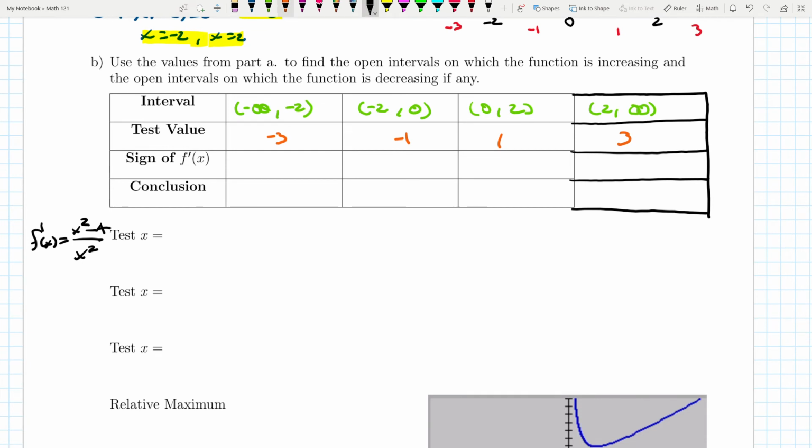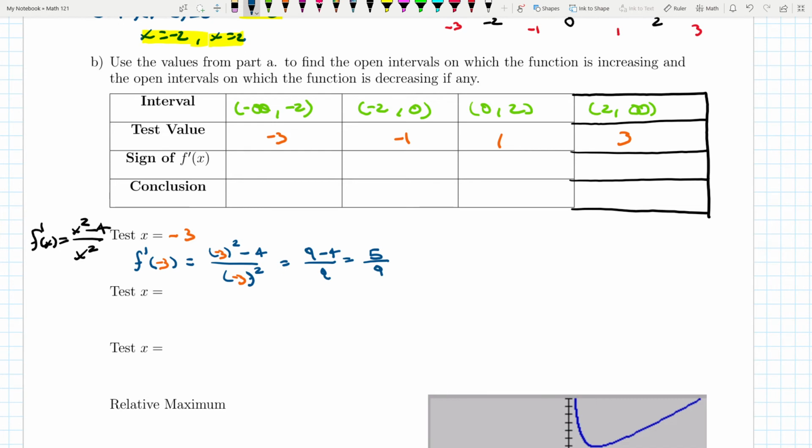So let's do one at a time. Test negative 3. That is f prime evaluated at negative 3. That's negative 3 squared minus 4 over negative 3 squared. This will reduce to negative 3 squared, which is 9. 9 minus 4 over 9, which is 5 over 9.